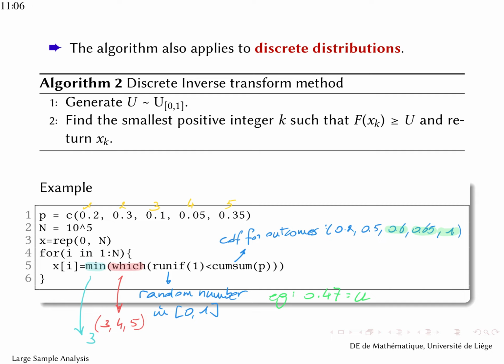And this way we fill up the entire vector x with random numbers sampled from 1, 2, 3, 4, and 5. And if you execute this code, you will see that the frequencies of those numbers in the vector x correspond very well to the predefined probabilities.